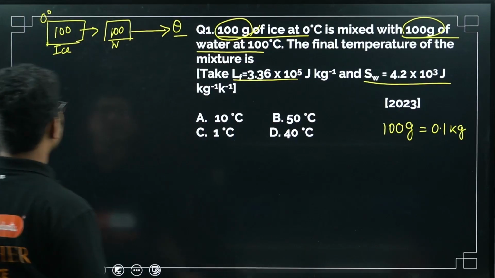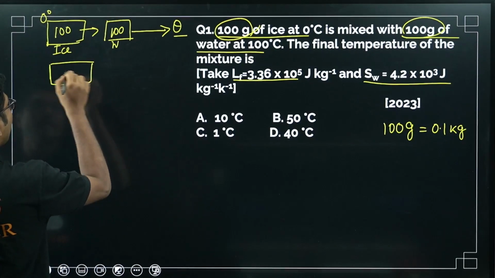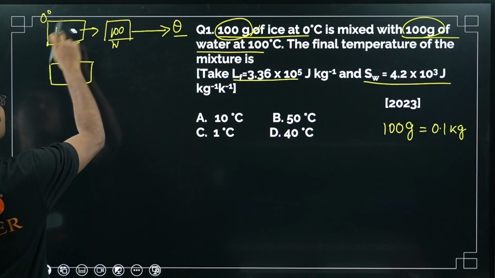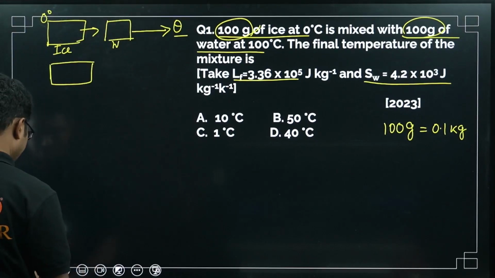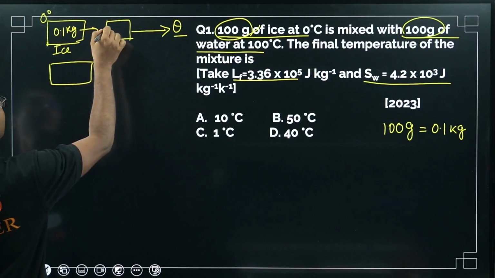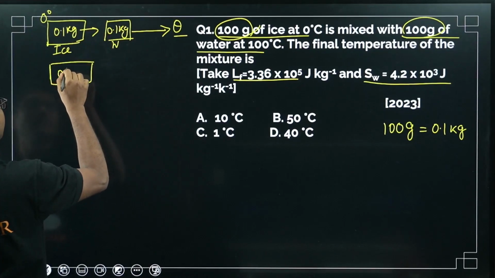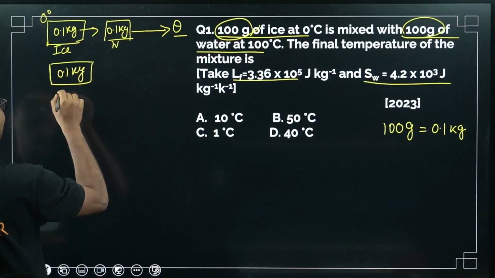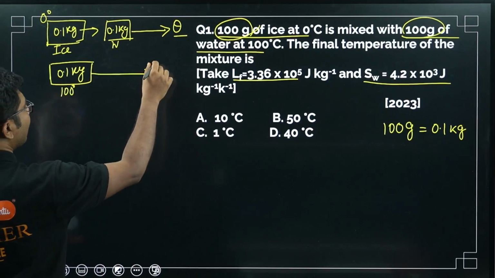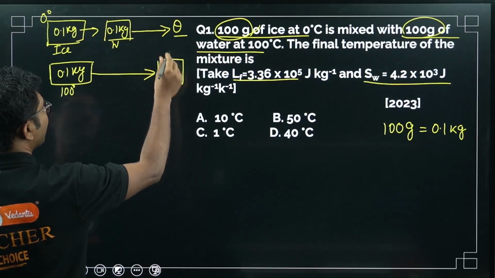Now for the hot water, let me write the kg value so that we don't get confused. 0.1 kg, and for water also it is 0.1 kg. It started at 100 degrees Celsius, and after the entire process is over, it reaches the same temperature theta.